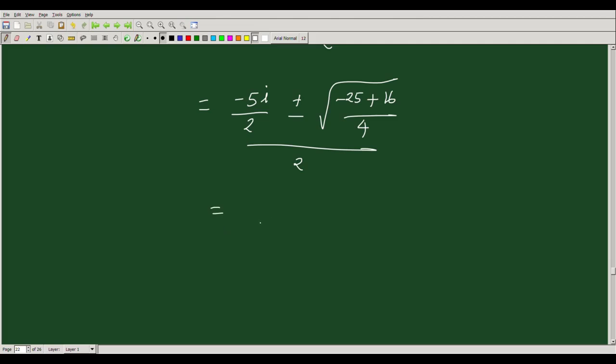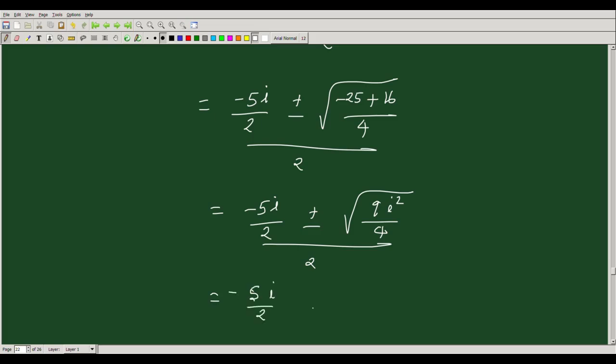This is minus 5i divided by 2 plus or minus square root of, it is 9, right? So it's minus 9. I can write 9i square by 4, by 2, and finally minus 5i by 2 plus or minus square root of 9 is 3. Square root of i square is i, divided by root 4 is 2, the whole divided by 2.